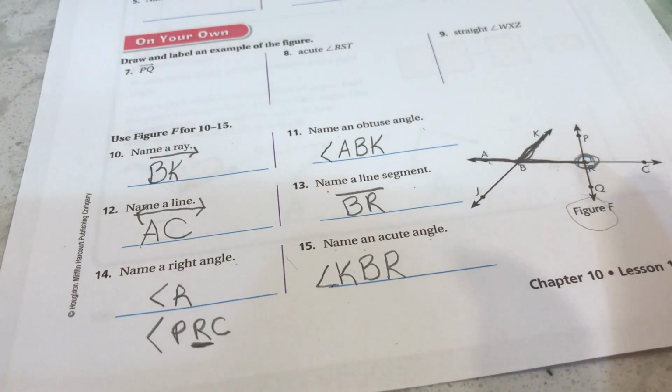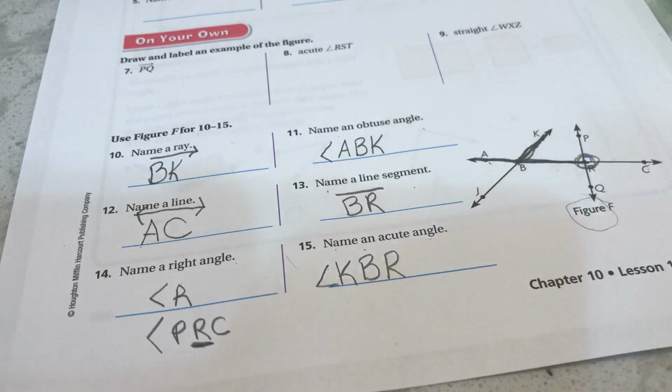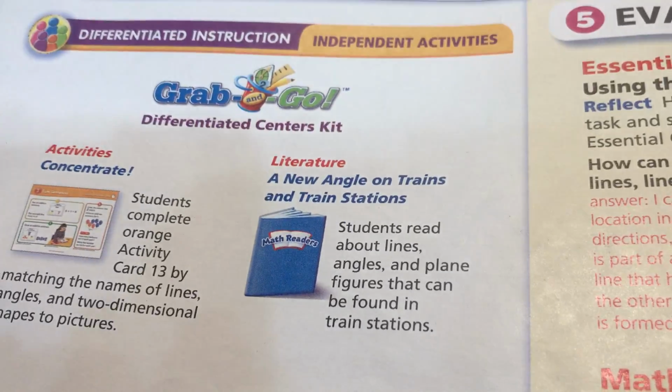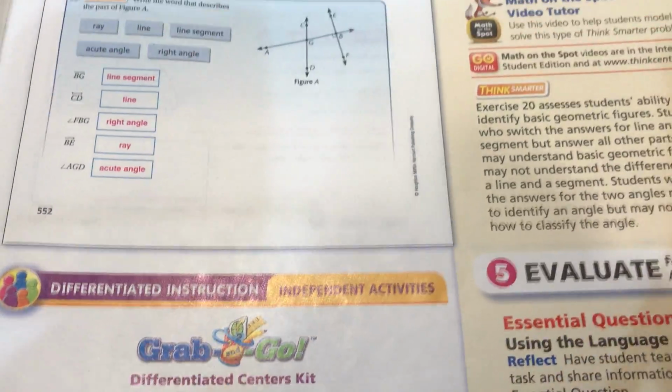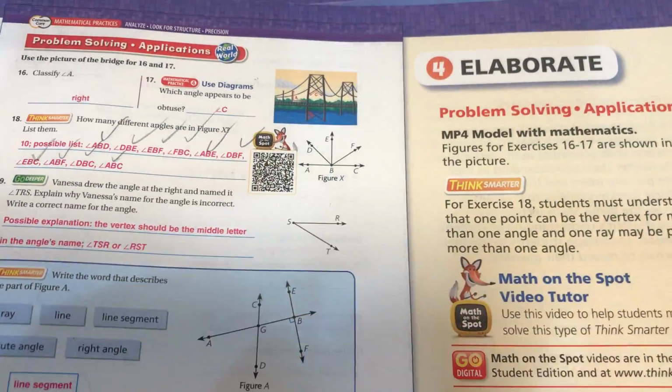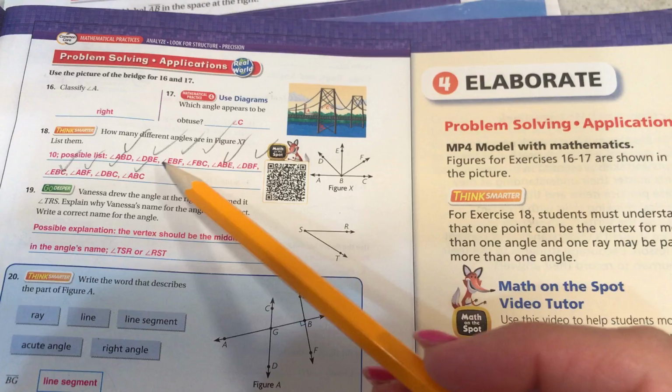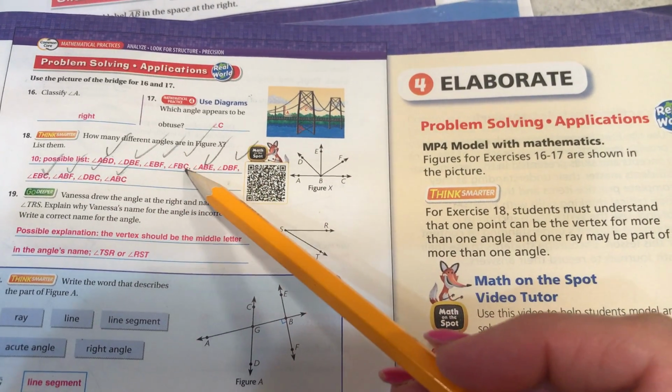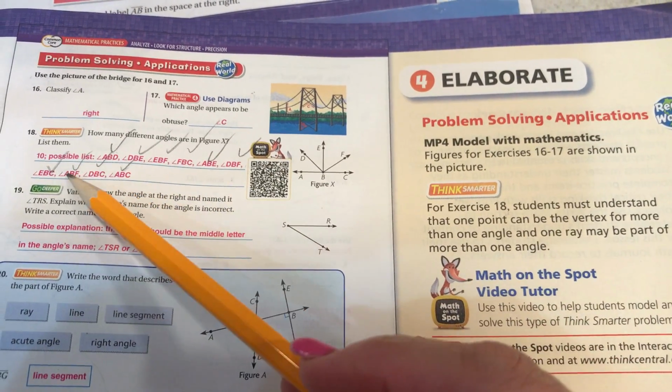Okay? All right, and then the rest were the problem solving. A lot of our friends in the past, number 18 is a little tricky because there's so many of them. Look, I have little checks next to it. You had 1, 2, 3, 4, 5, 6, 7, 8, 9, 10.